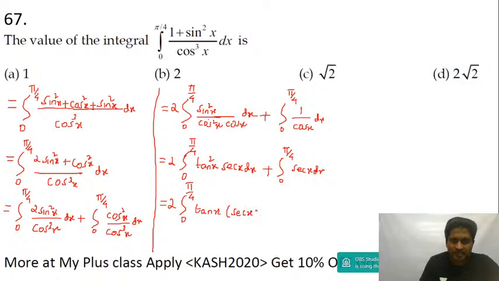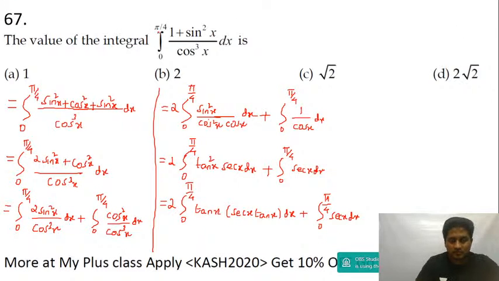Both are same, right? You multiply, again you will get this tan x into sec square x. I just wrote tan square into sec x as tan x into sec x tan x. Both are same. Plus integration 0 to pi by 4 and then sec x dx. Good question. Very challenging.